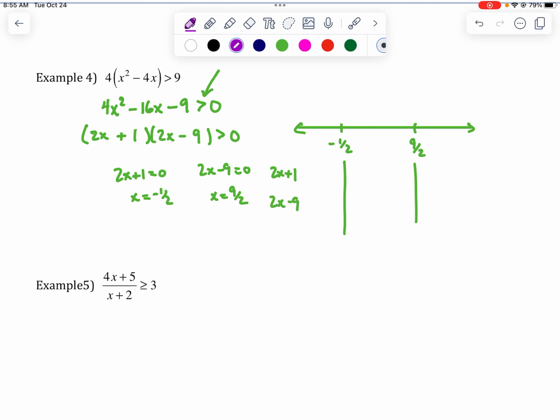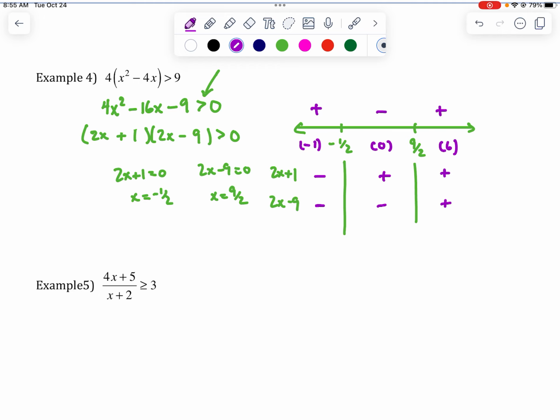So I've got negative 1 would work, 0 would work, 6 would work. Okay, so negative 1 times 2 is negative 2 plus 1. That's going to come out negative. This one would be negative. So a negative times a negative is positive. Positive, negative, so negative. And positive, positive, so positive.